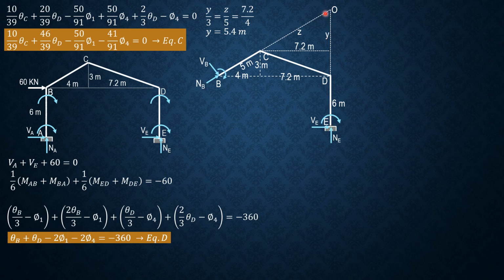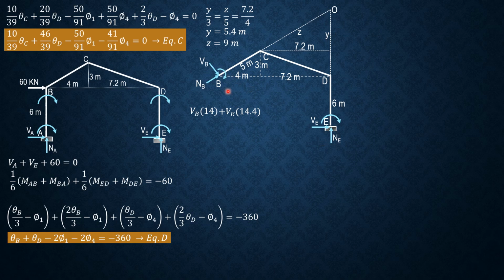Distance of VE to O. Then Z is 9 meters. So 5 plus 9, that's 14. So summation of moments about O equals 0. So we have V sub B times 14 plus V sub E times 6 plus 3, 9 plus 5.4, 14.4. V sub E times 14.4, counterclockwise moment equals clockwise moment.